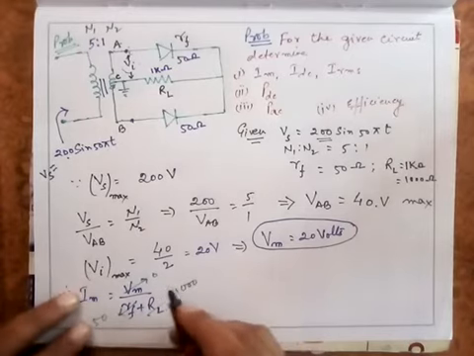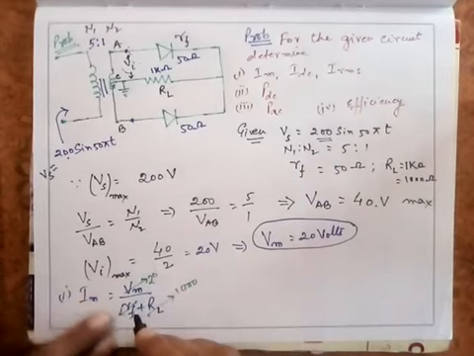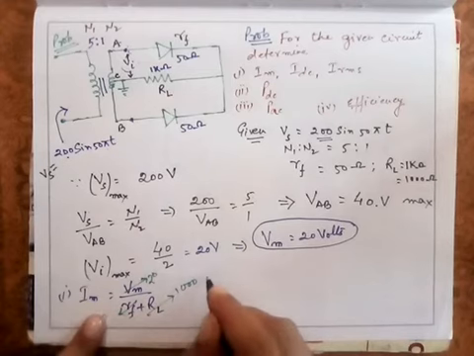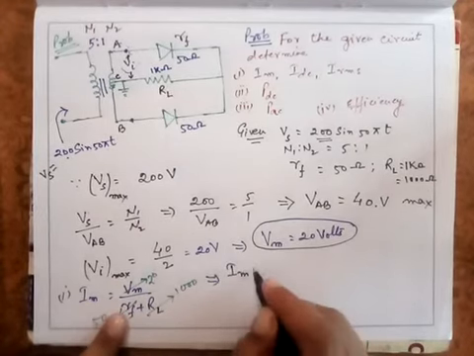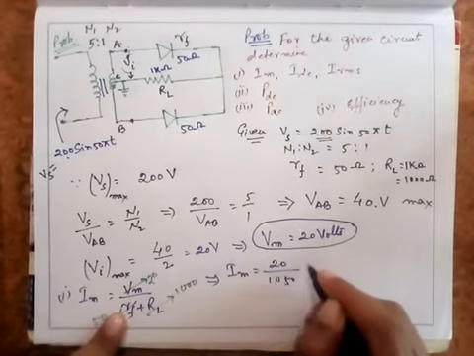Sorry, it is 20, not 0. I hope this is clear to you. This implies that the value of Im will be 20 upon 1050 ampere.